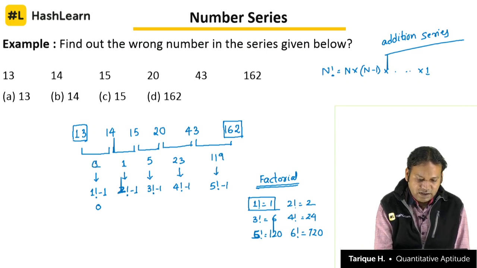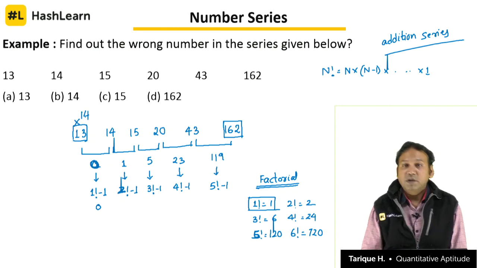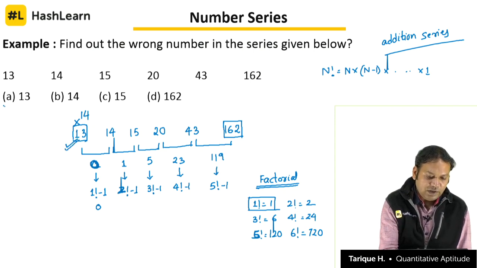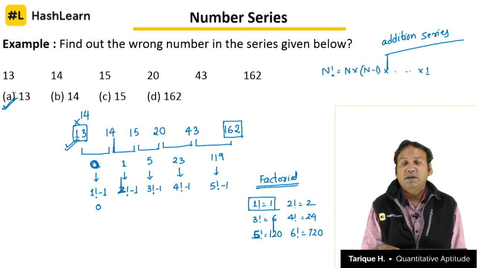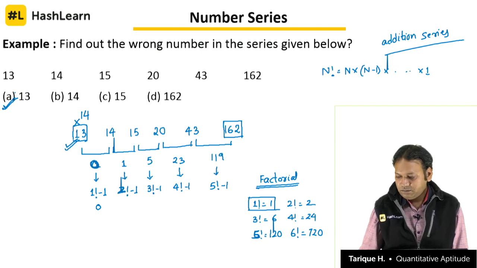If this difference is 0, then this number cannot be 13, it has to be 14. So which number is the wrong number here? The number which is wrong is 13, and therefore the answer is A. That is how you solve this question, by understanding that the differences of the numbers are factorials, and there is a pattern, that is n factorial minus 1.